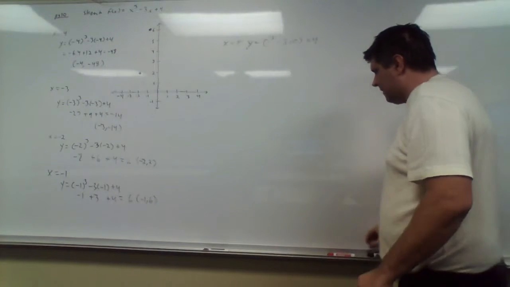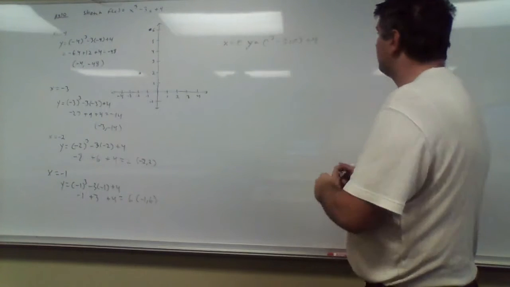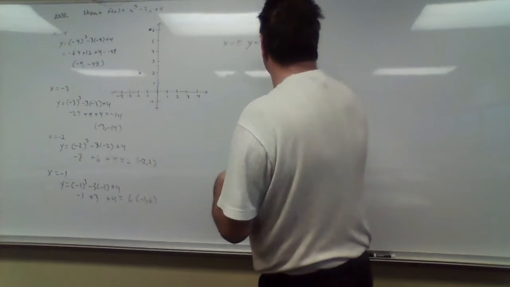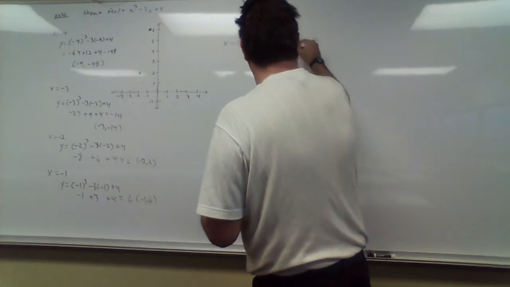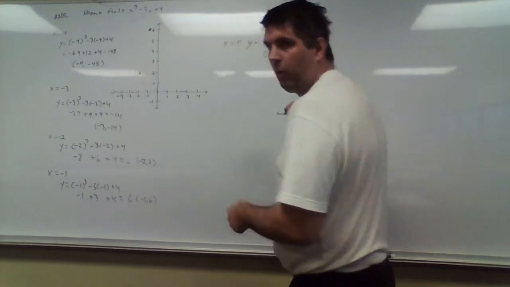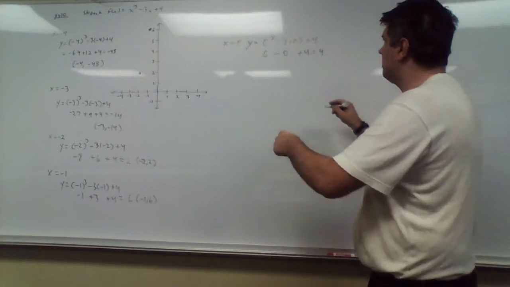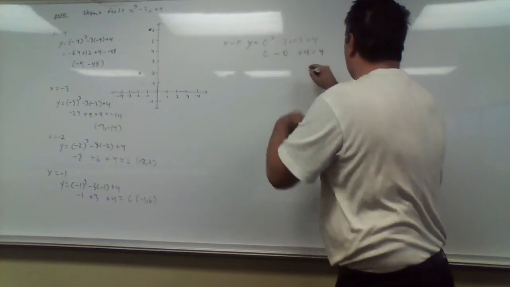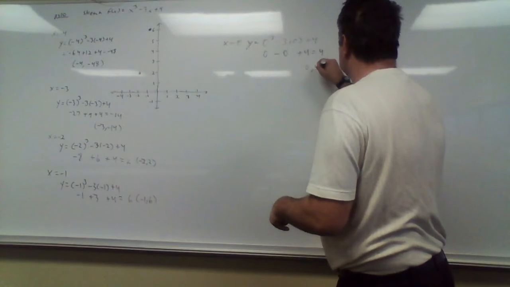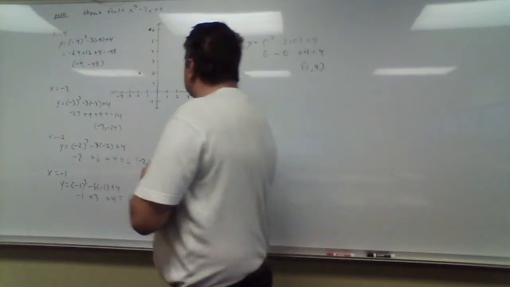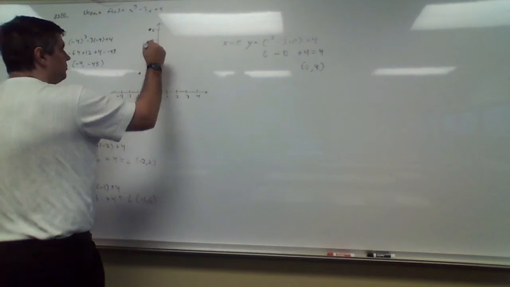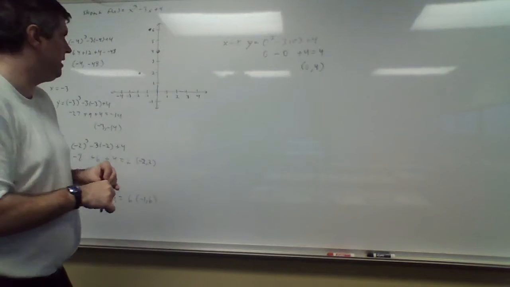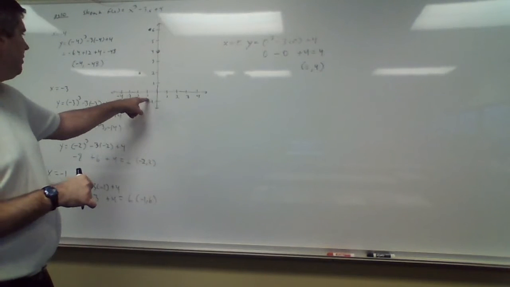So that's 0 minus 0 plus 4 is 4. So we have 0, 4. Okay, so we did negative 4, negative 3, negative 2, negative 1, 0.